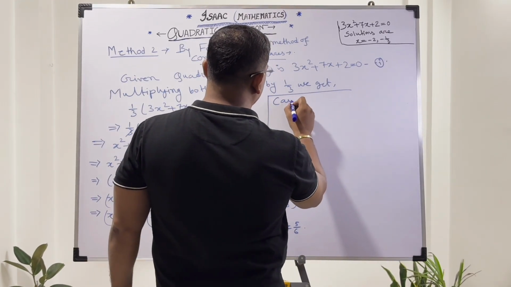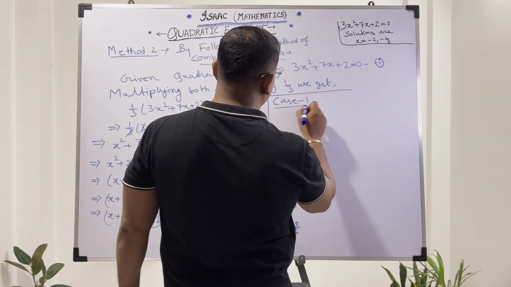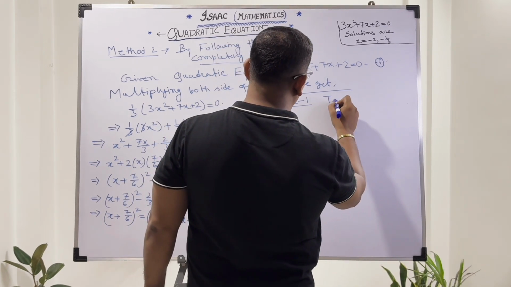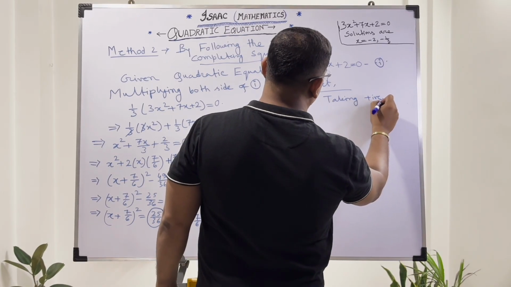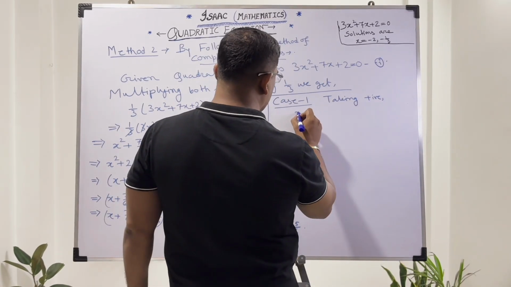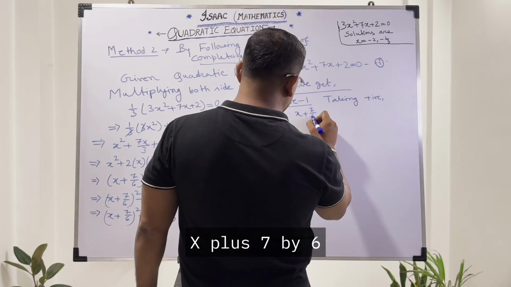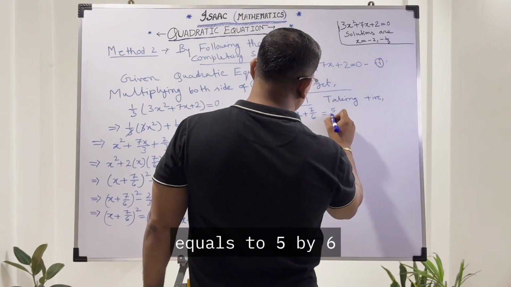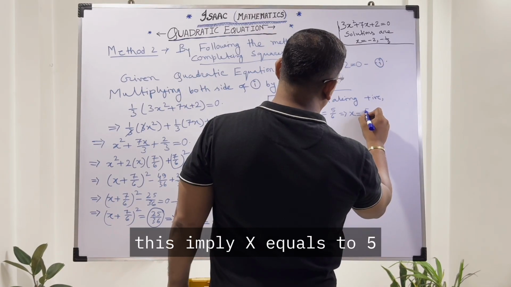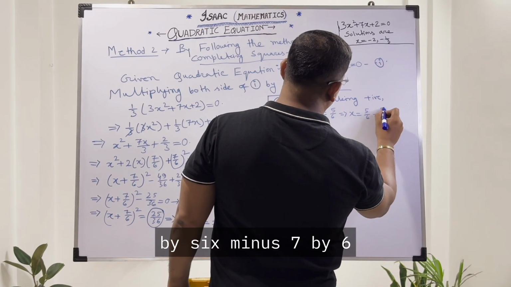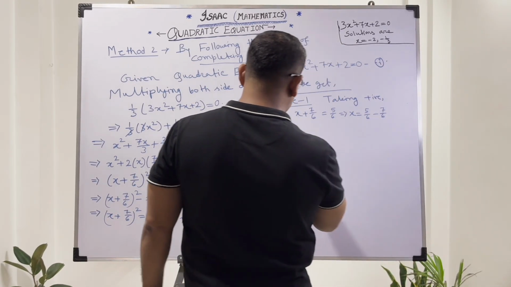Case 1, taking positive. x + 7/6 equals 5/6. This implies x equals 5/6 minus 7/6.